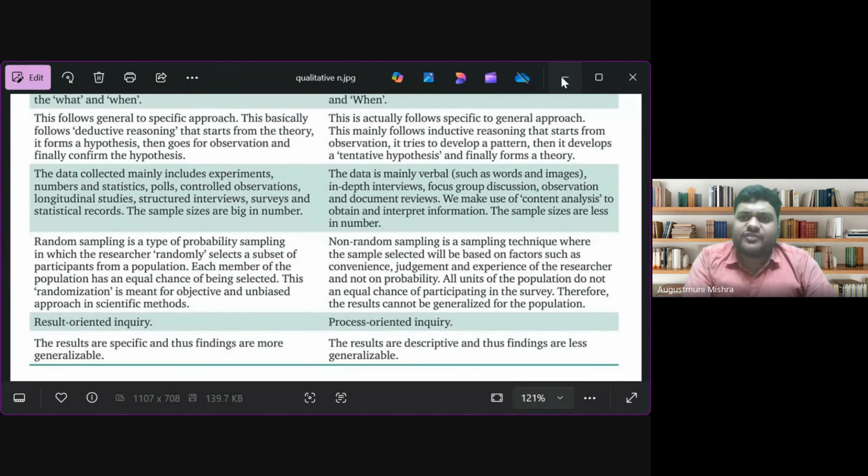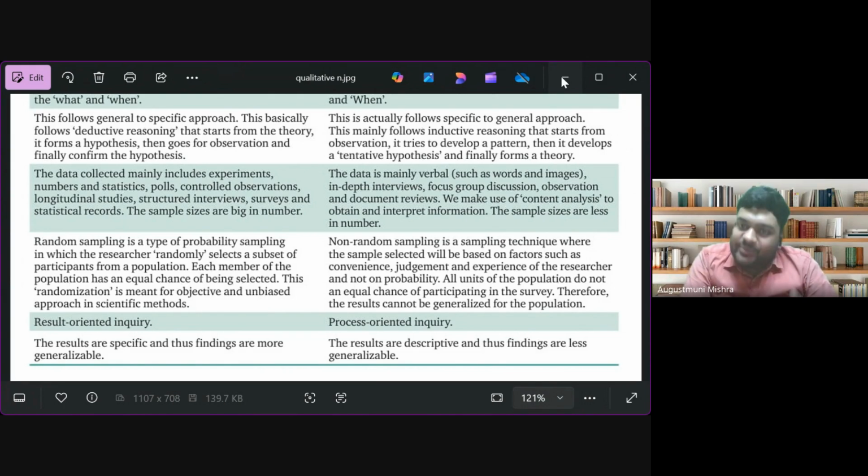If that study is conducted by someone else in another place, related to that issue, most of the time the results are the same. Most of the time, I'm saying, not every time. But in the case of qualitative research, many times, not most, your results can be mismatched. There is no kind of match.